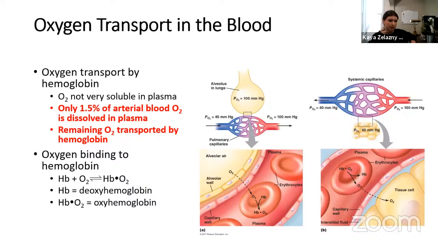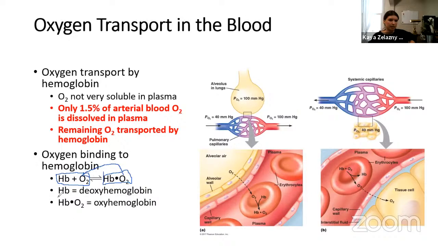Oxygen binds to hemoglobin, and it binds to hemoglobin reversibly. So we have this equation at the bottom. We can take hemoglobin floating around in the blood, take oxygen floating around in the blood, combine them, bind the hemoglobin on. But oxygen can also jump off the hemoglobin and go the opposite direction.